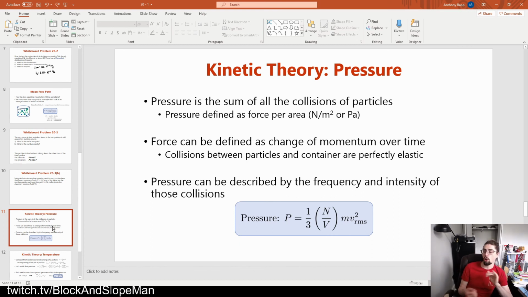There's a derivation that goes into this that essentially averages out the number of collisions that you would expect to see in any unit time, the momentum change because of those collisions, and you can find the pressure because of that, or really the force per unit area because of those collisions. And again, it only really depends on number density. There's a little bit of dependence on the mass here because, of course, the particles themselves have mass.